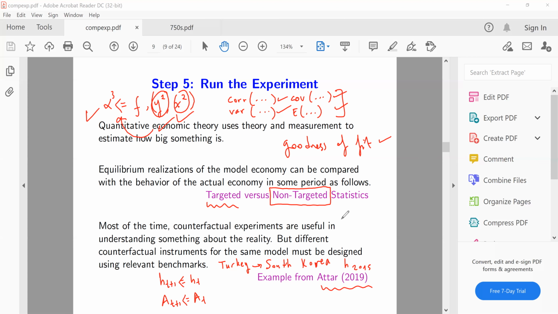In my model, there are 4 different parameters that would imply this result, that Turkey and South Korea have the same human capital level in 2050. So obviously, then you have to choose these parameter values by using this as a benchmark, okay?